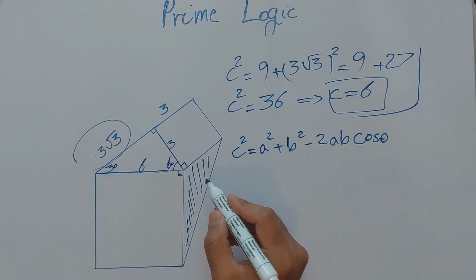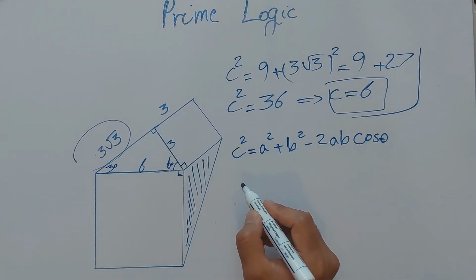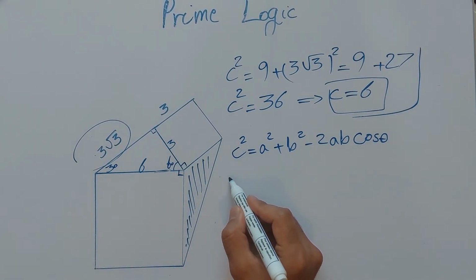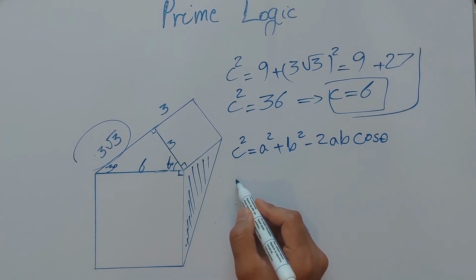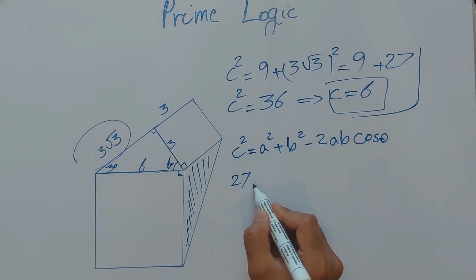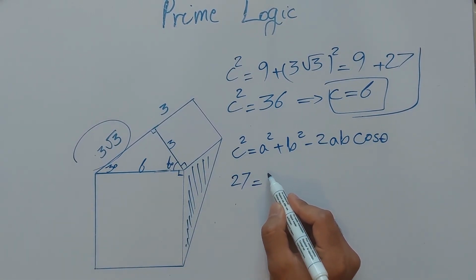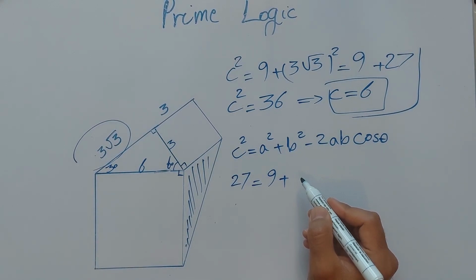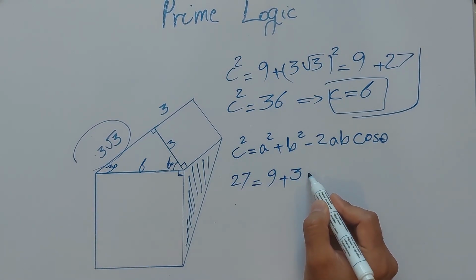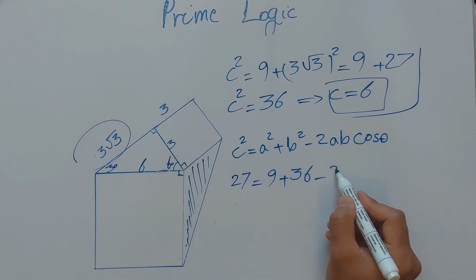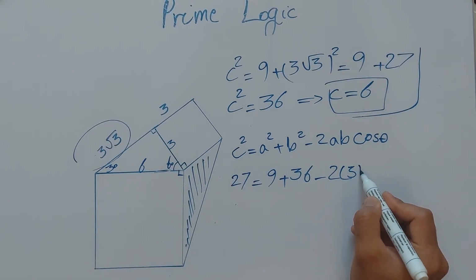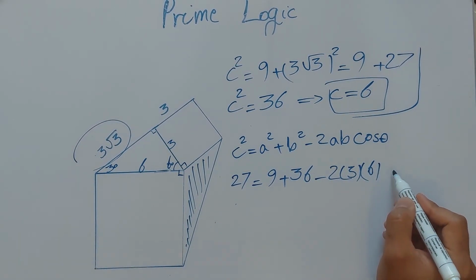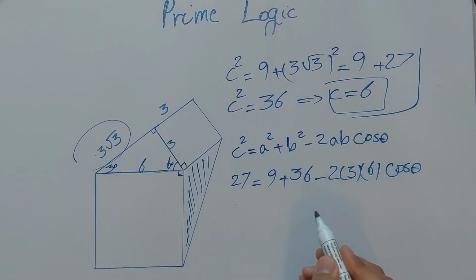Let's name this c because we want to calculate the angle here. So c squared, that's 3 square root of 3 squared, which is 27, equals a squared, for example 3 squared, which is 9, plus 6 squared, which is 36, minus 2 times 3 times 6 cosine theta.